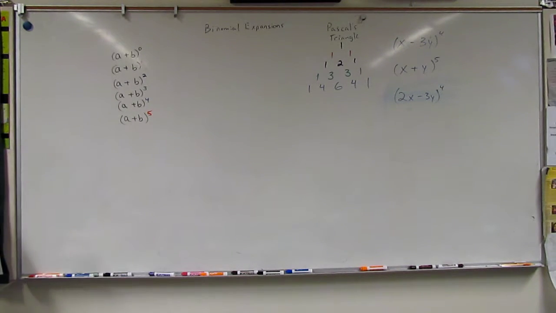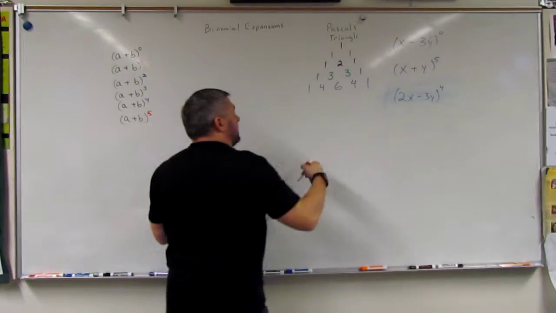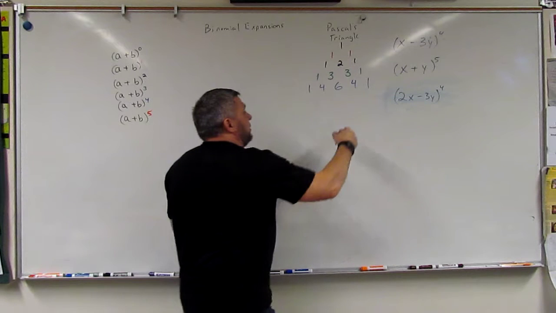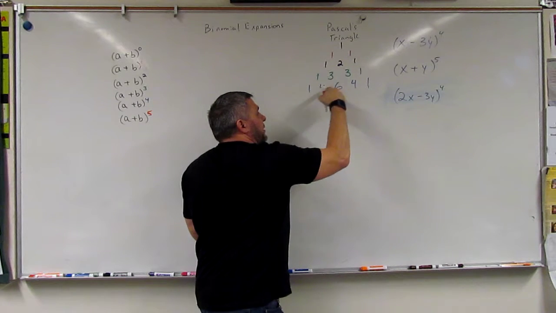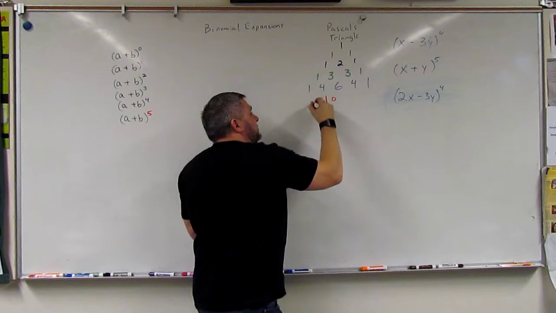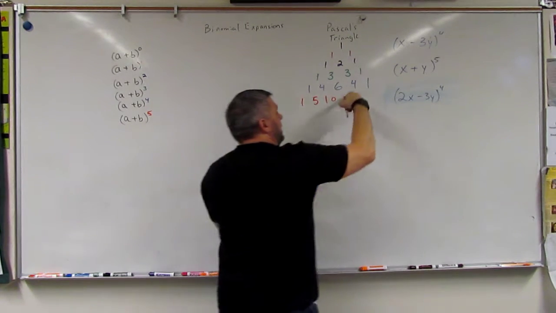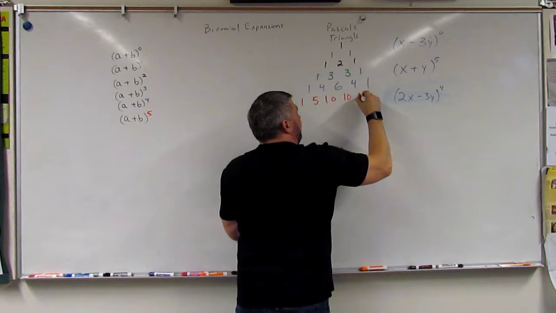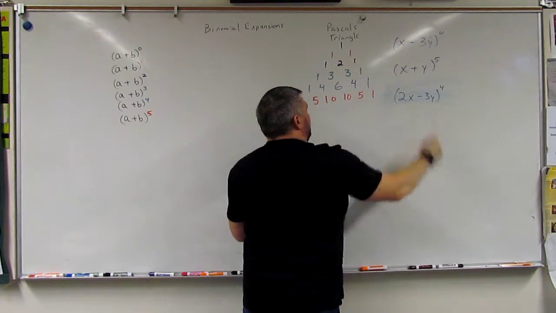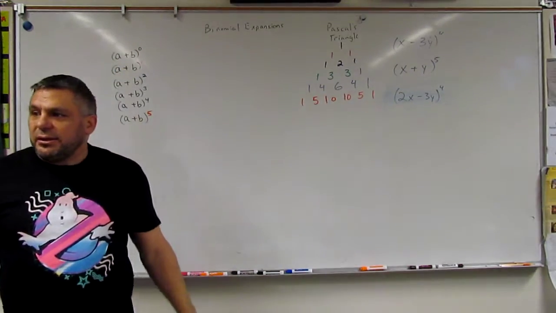Then let's do the last one. The 5. Okay? The 5, well, what is 6 plus 4? 10. Okay? And 4 plus 1? And then the 1, right? And again the 10, the 5, and the 1. See the triangle? Okay?